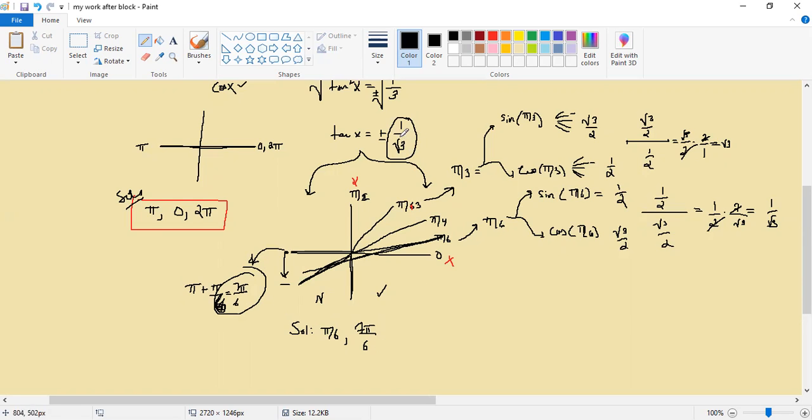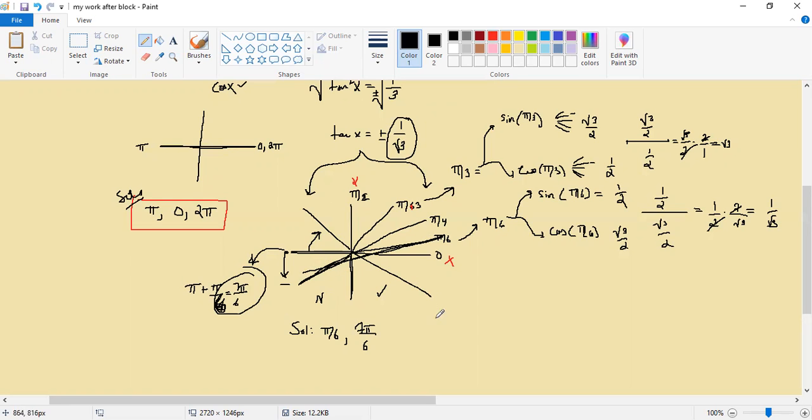Now we're looking for the negative versions. So the negative versions here would be where the tangent of x equals negative 1 over under root 3. And such a case would exist if we were to take a positive and divide by a negative, and that would occur in quadrant number 2 and in quadrant number 4. So in order to find the multiple of pi over 6 which exists in quadrant number 2, which is in fact a solution, we would want to place ourselves in quadrant number 2 just as we placed ourselves in quadrant number 3.